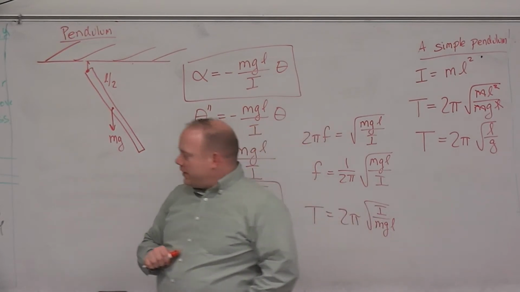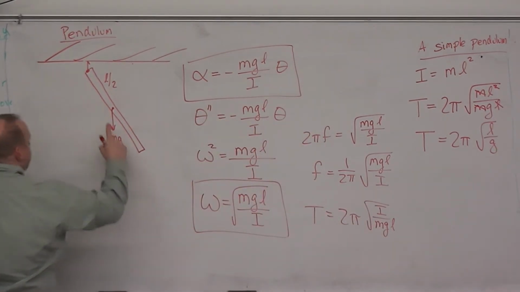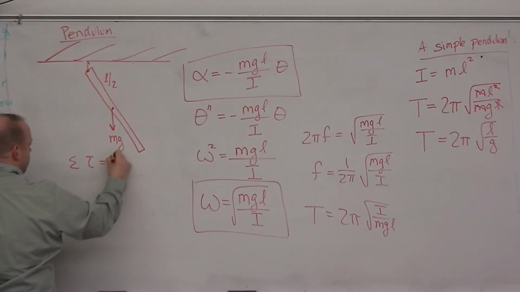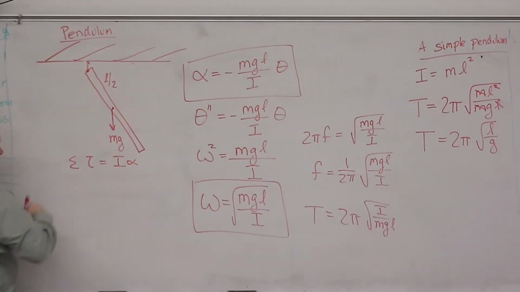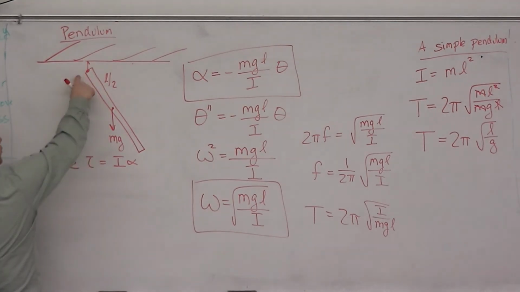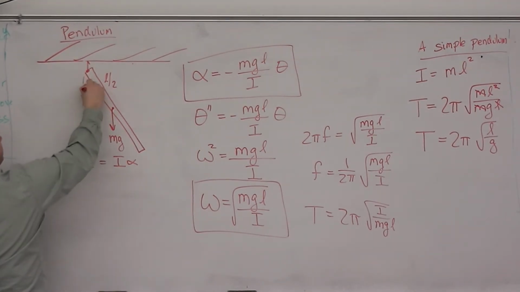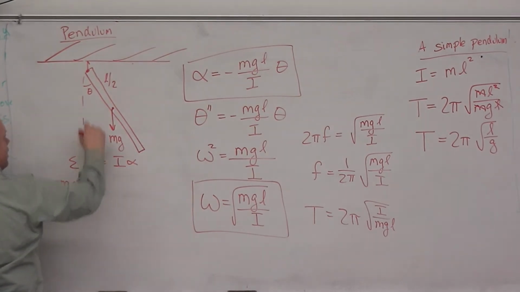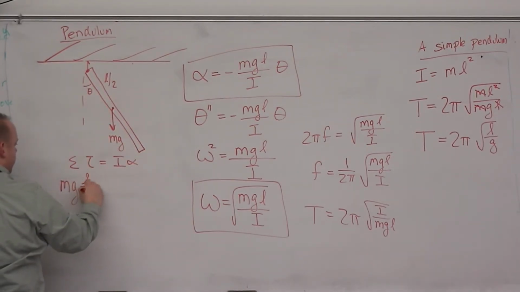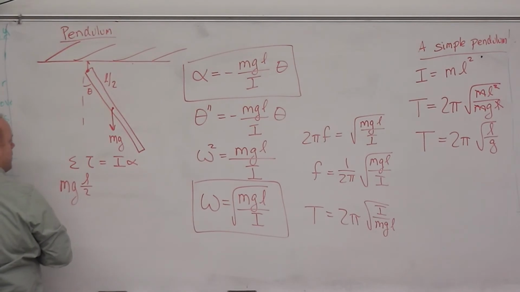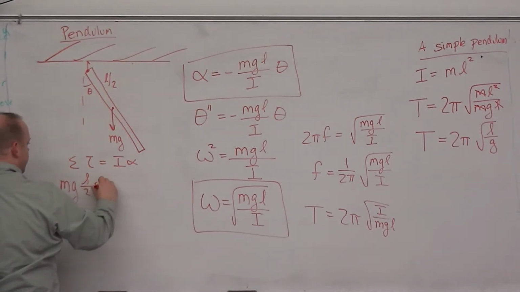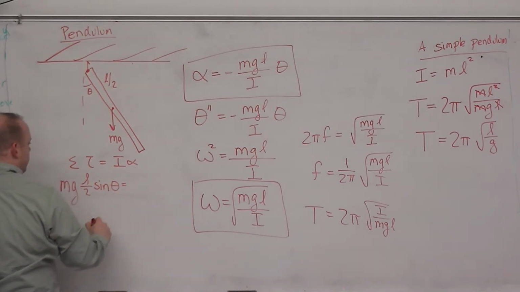The torque that this gives, I'm going to do it from first principles, just so we can get familiar with it. The torque that this applies, this is angle theta, this will be mg times L over 2 times sine of theta, is equal to I alpha.